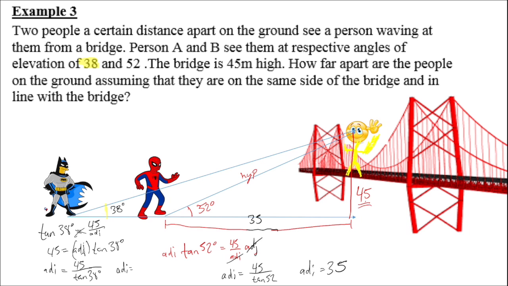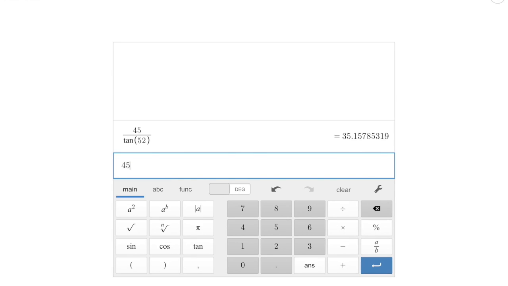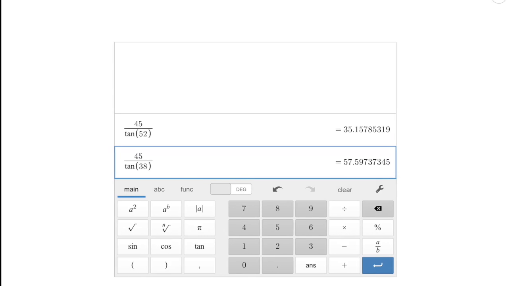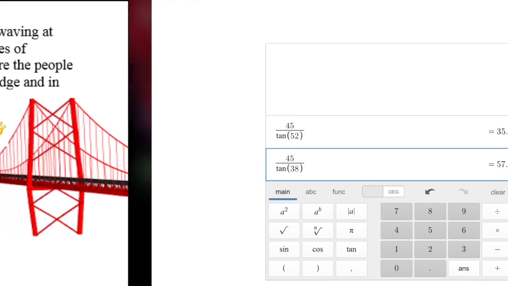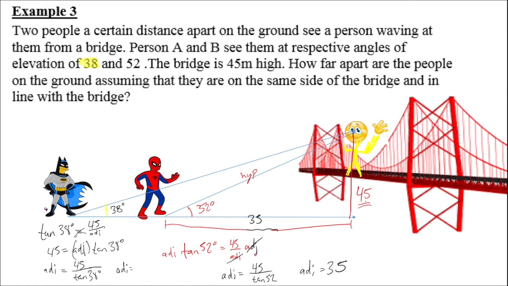And we see that ADJ is 57.6, or let's just say approximately 58.